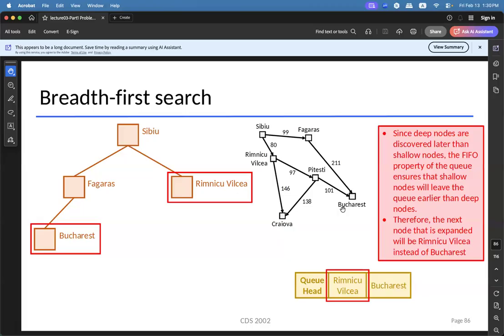The node with a smaller depth, closer to the root, appears earlier than the node with a higher depth.